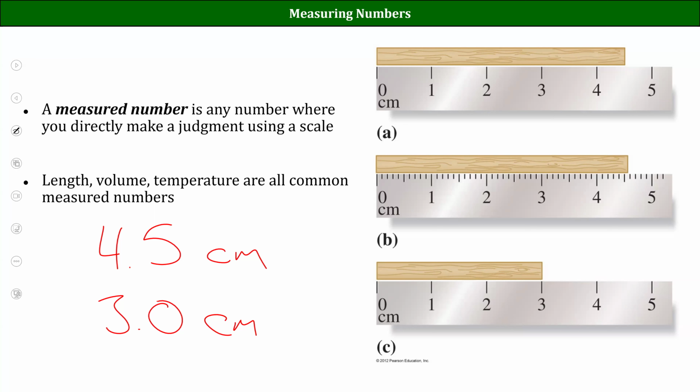So 3.0 is probably my best guess, but I might be off by 0.1 centimeters. So anytime you measure a number with a scale like this, you're always going to estimate 1 spot past where you're certain. If I'm certain about the ones place, I estimate the tenths.